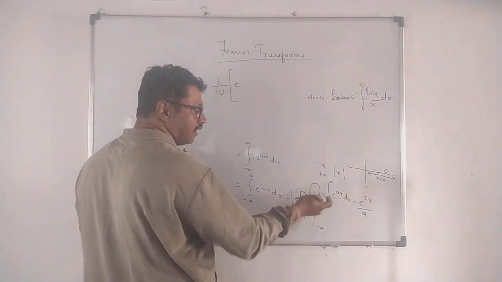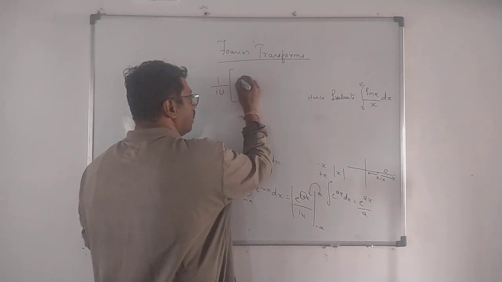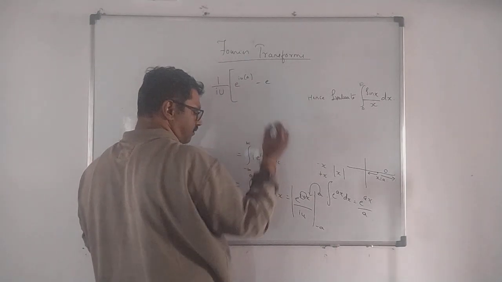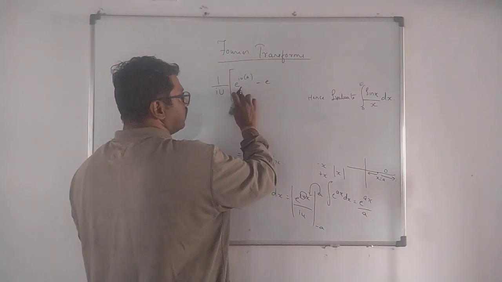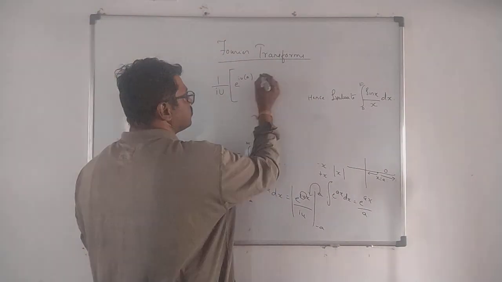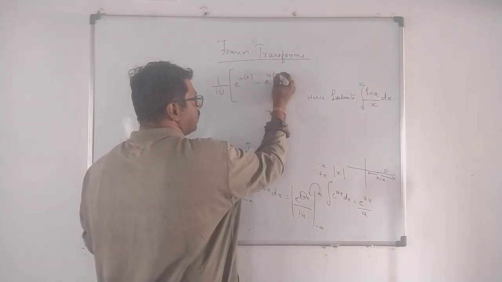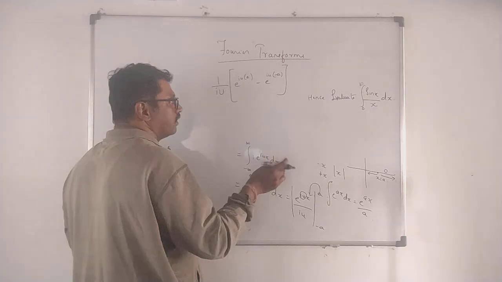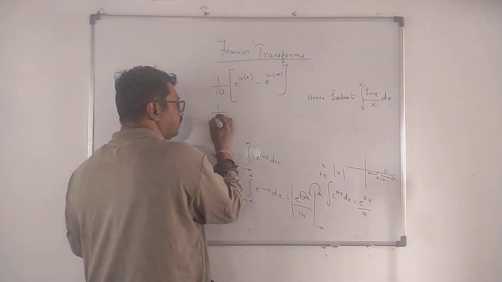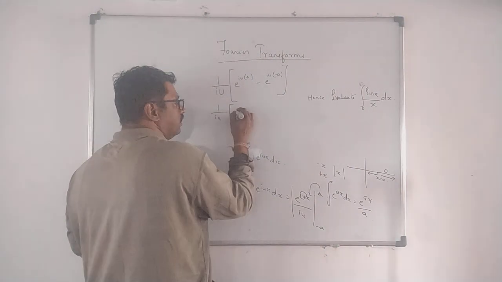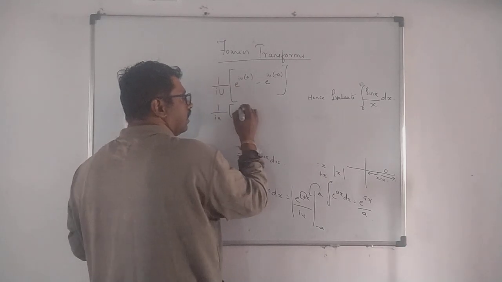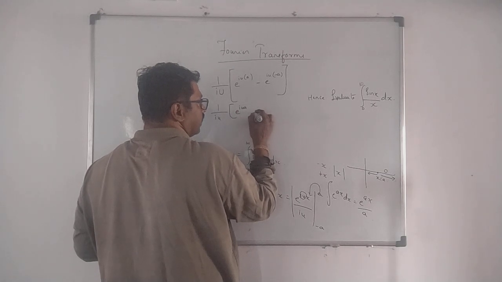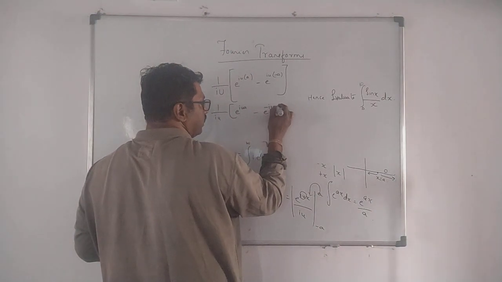Minus is in the formula. e to the power of iua minus e to the power of iu times minus a, upper limit minus lower limit. So 1 by iu, e to the power of iua minus e to the power of minus iua. Okay.